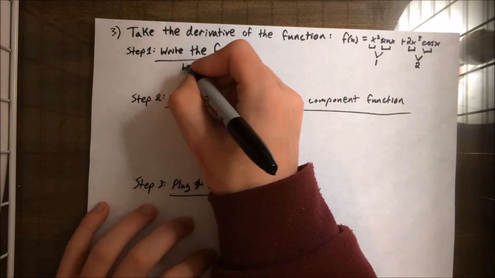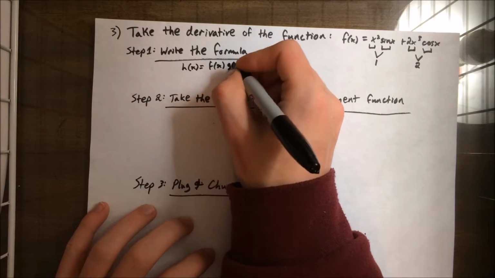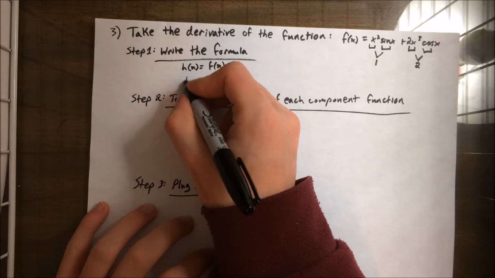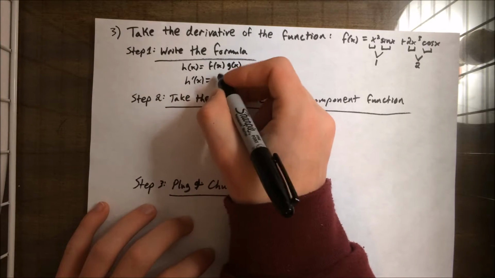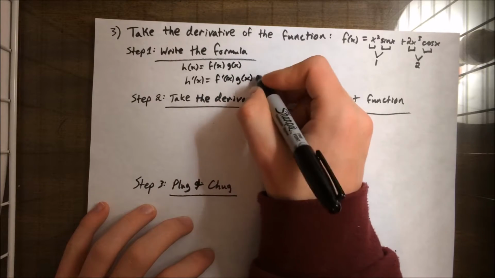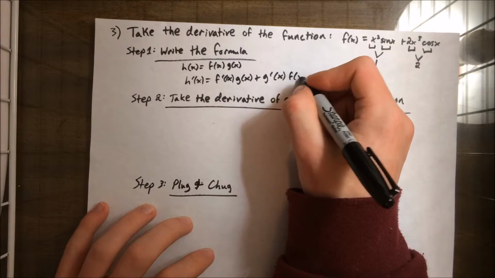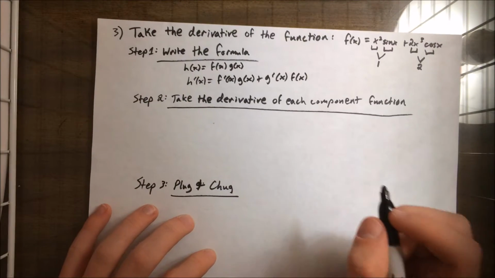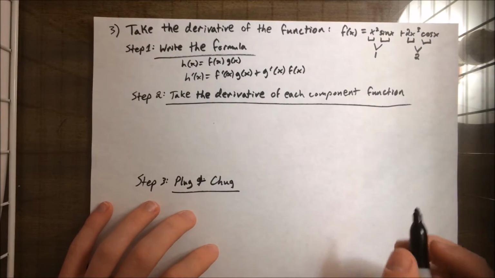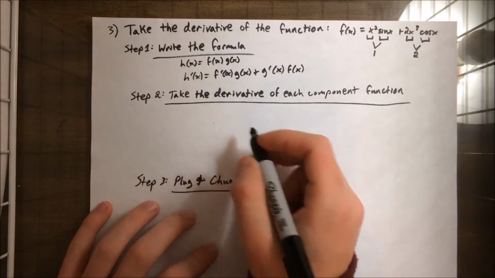So h of x equals f of x g of x, and then h prime of x equals first d second plus second d first.